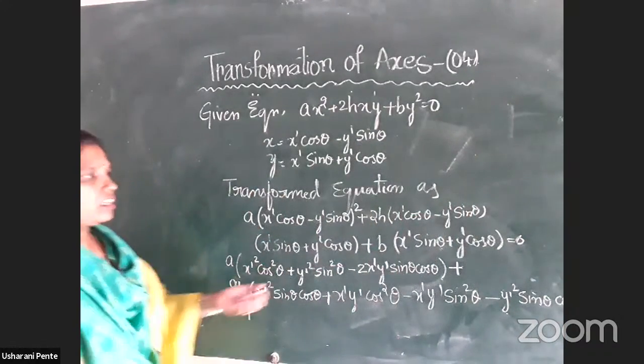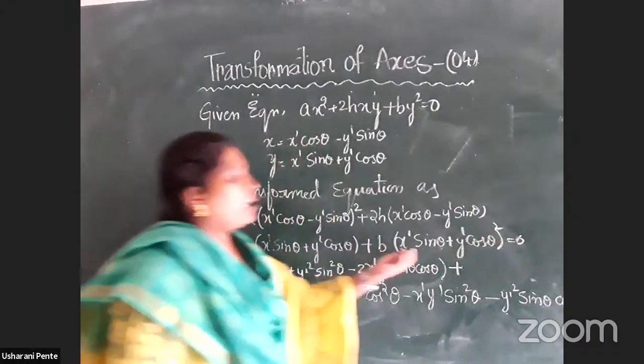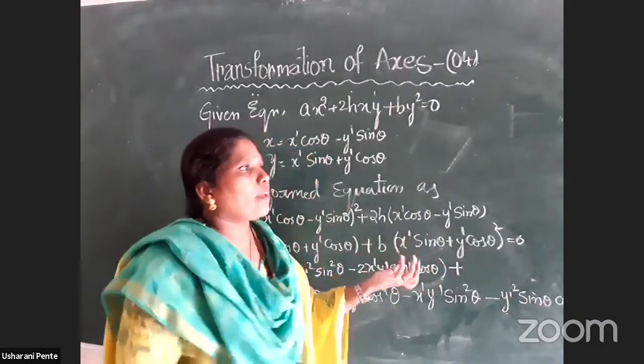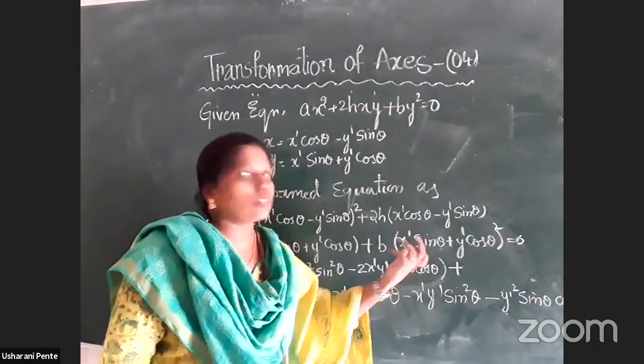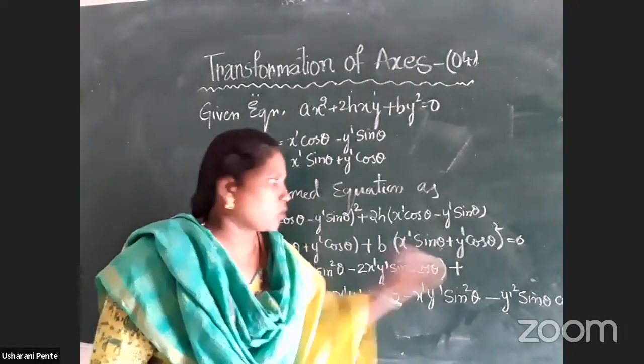Plus, now this is of the form A plus B whole square. The expansion of A plus B whole square is A square plus 2AB plus B square.